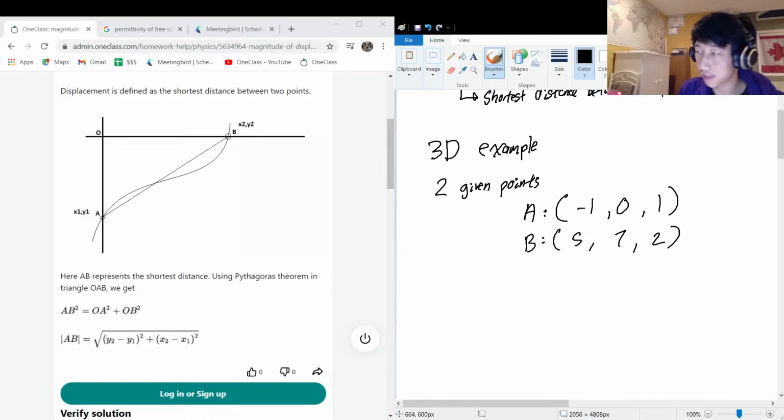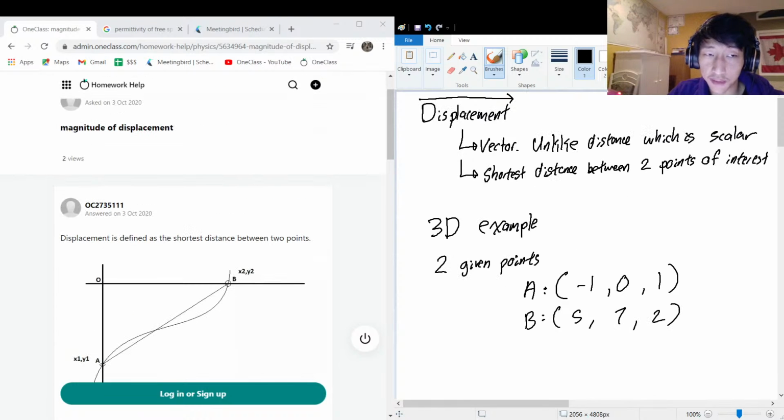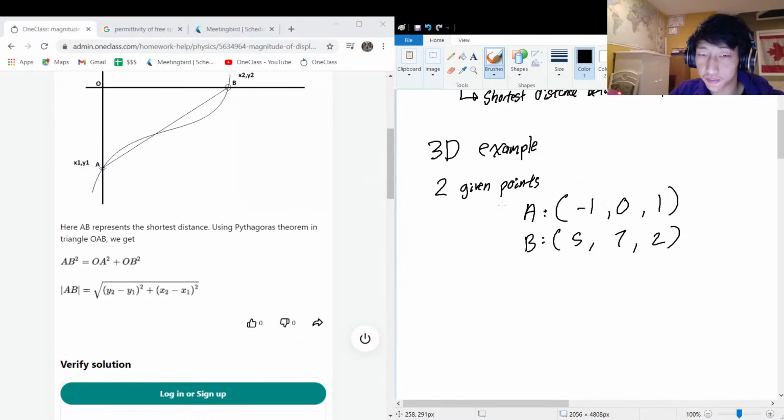Just completely random numbers that I'm synthesizing out of my noggin, and we're trying to find the displacement vector between them and the magnitude of it. So between points of interest, we want to get our displacement vector, and then once we have it, we can get our displacement magnitude, or magnitude of displacement as they write it here.